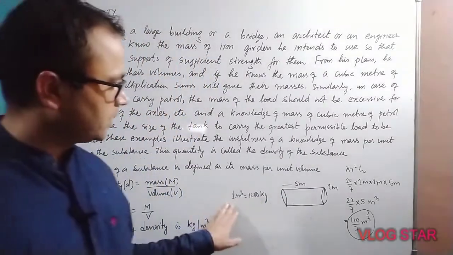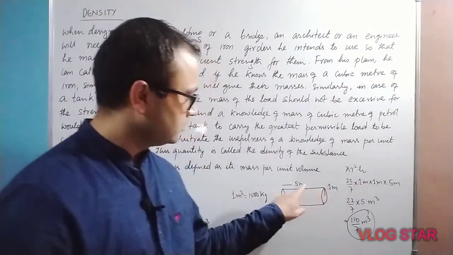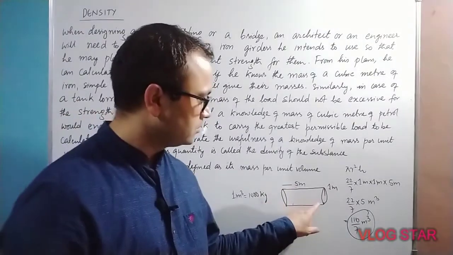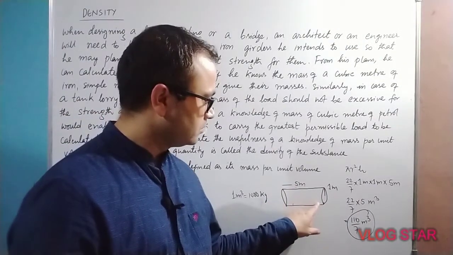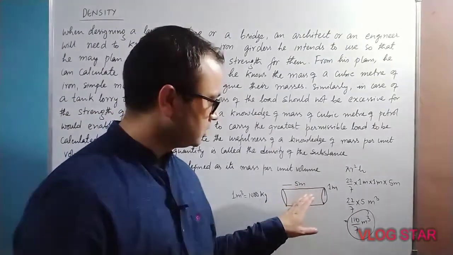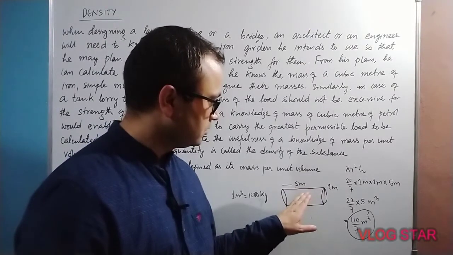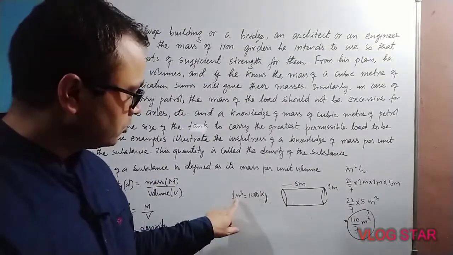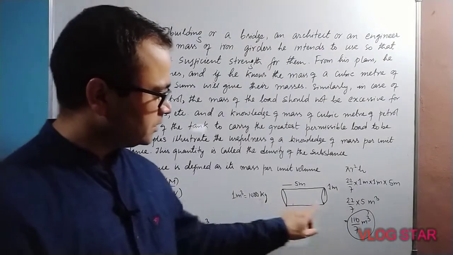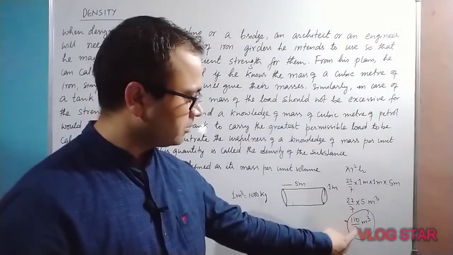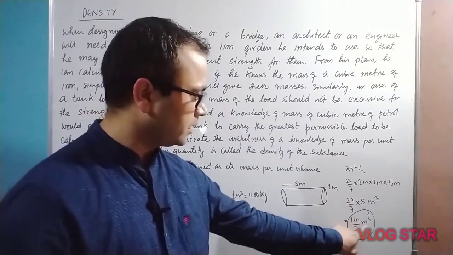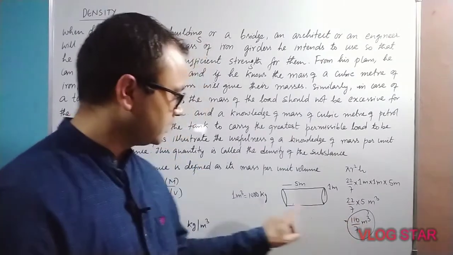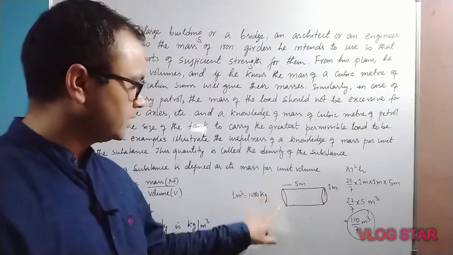Now we can calculate the mass of the tank lorry. 1 meter cube equals 1000 kg means 110/7 meter cube equals 110/7 into 1000 kg.